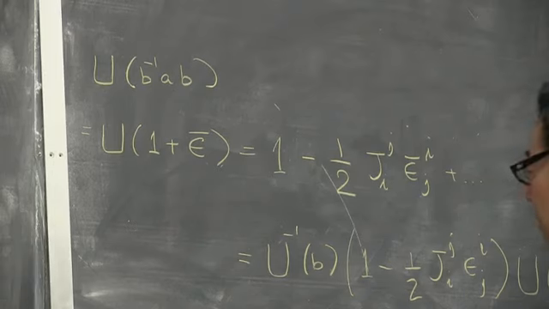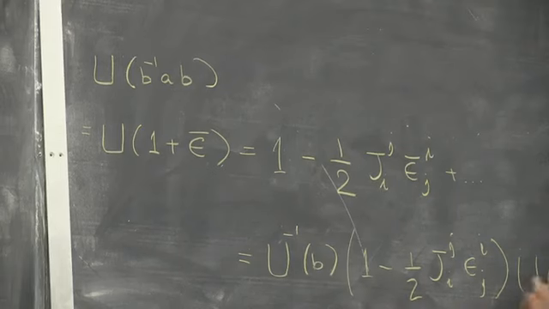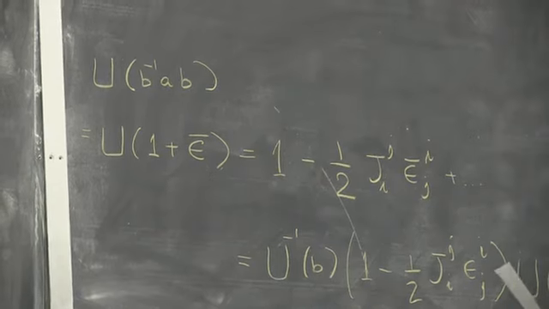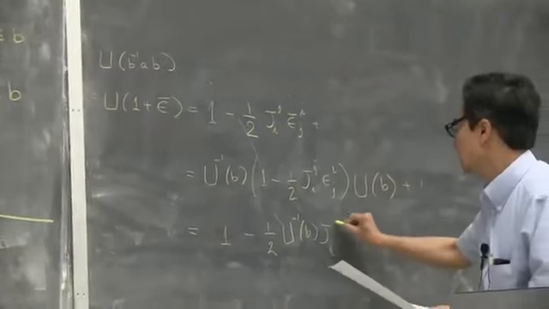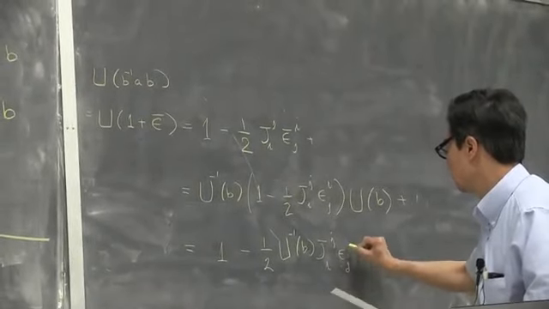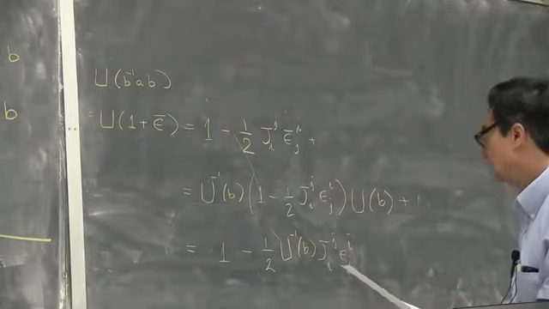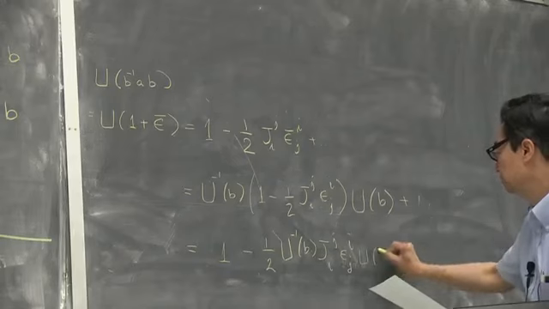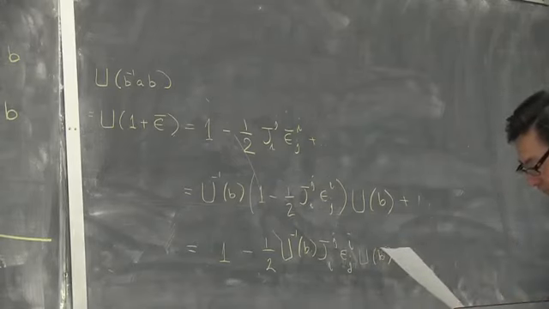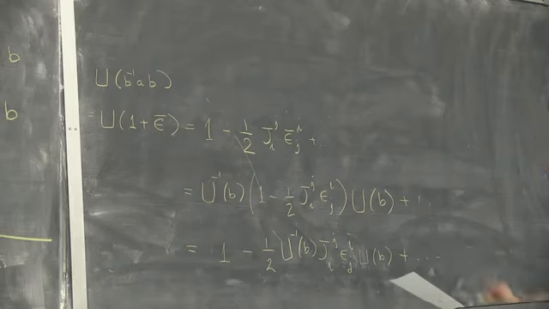So everything can be written as, you multiply these together, you have 1, because this times 1 times this is just 1, minus 1/2 U inverse of B, J_ij epsilon_ij times U of B, plus higher orders, which we are going to ignore. Okay?